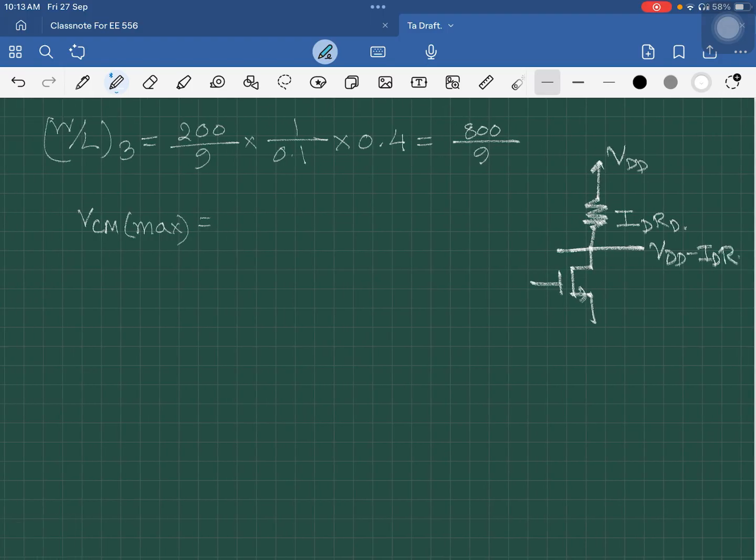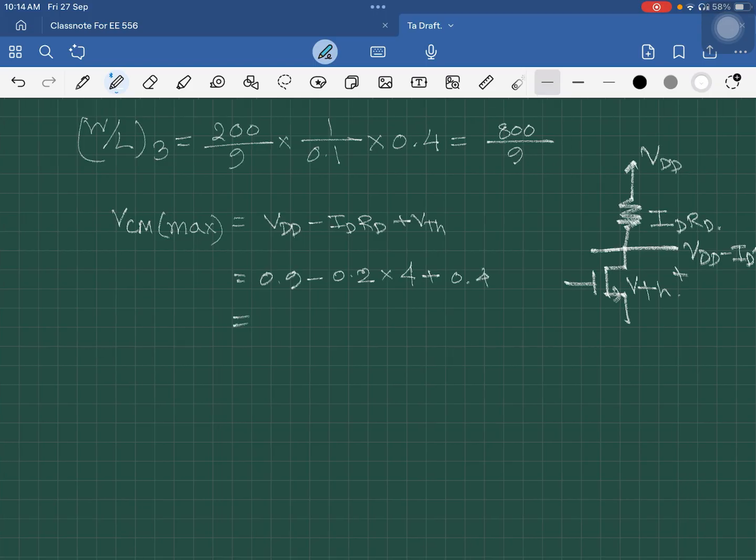Then if we see from the bottom, one MOSFET has an overdrive, and another MOSFET has an overdrive and threshold, and the VSS. So we can find minus 0.2, and this is the minimum.